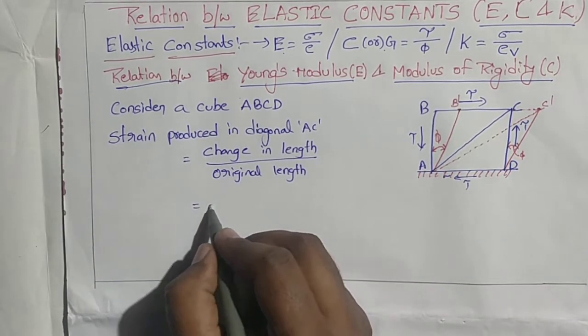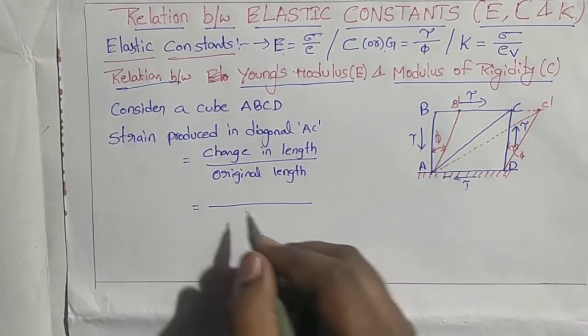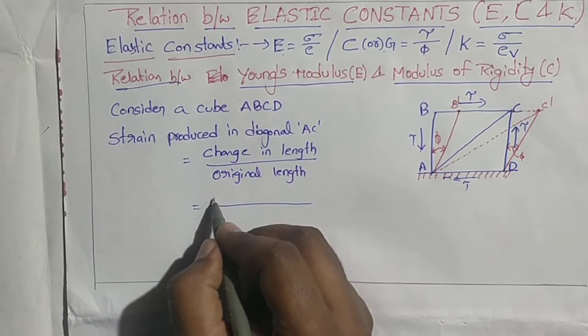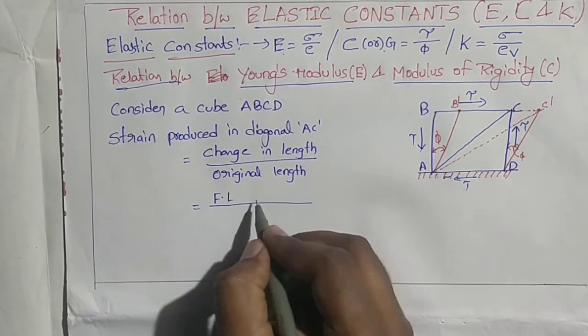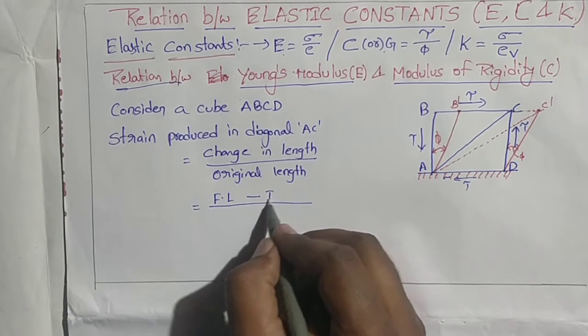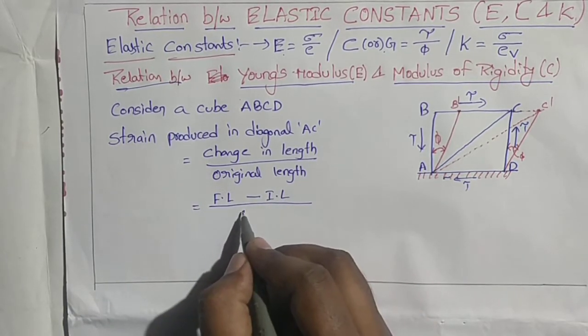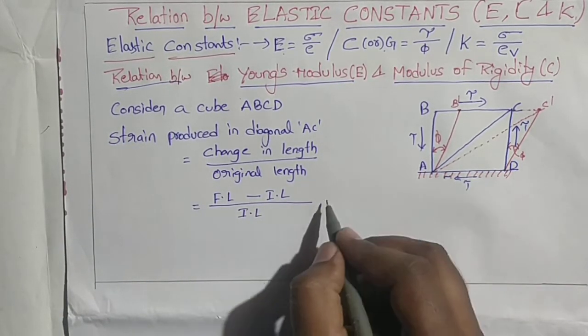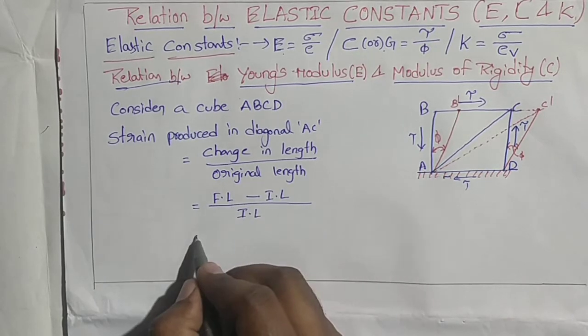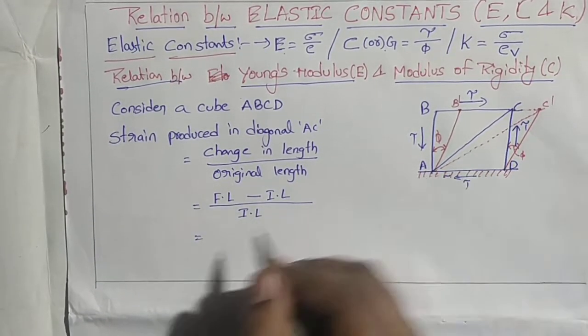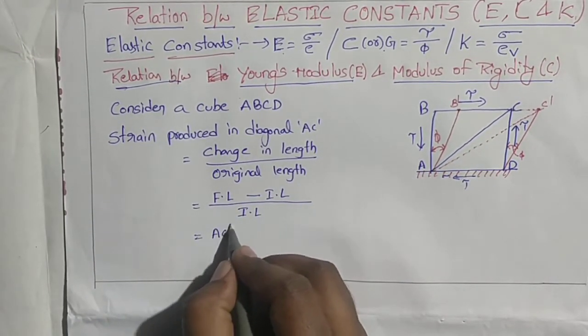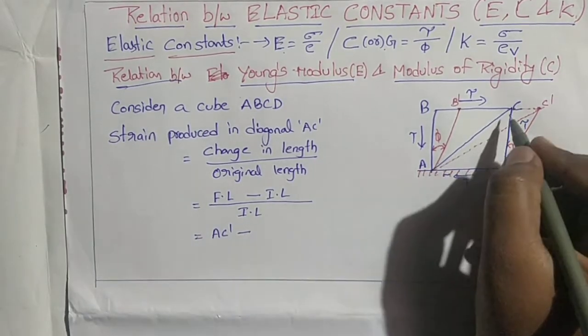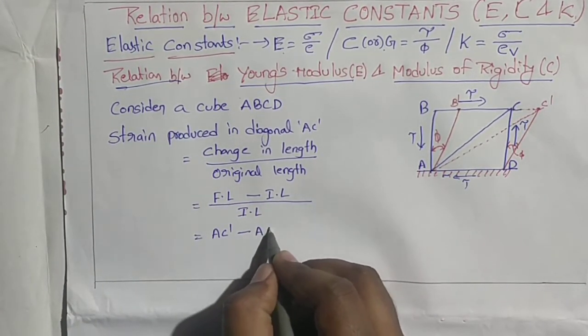Here the change in length in the diagonal AC can be calculated as final length minus initial length, divided by the original length, that is the initial length. The final length is AC dash and the initial length is AC.